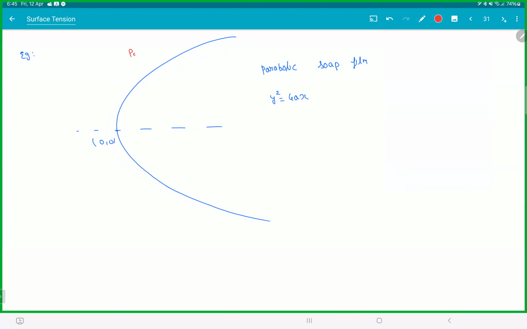So outside is P naught. What is the pressure just inside this point here? Let's call this point A, 0. What is the pressure just inside the surface at point A? What is the pressure here?